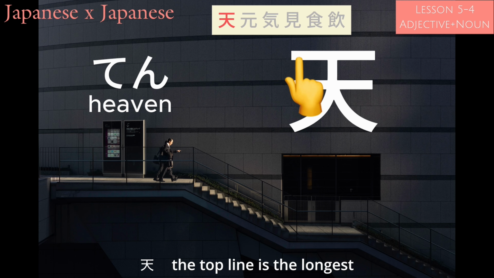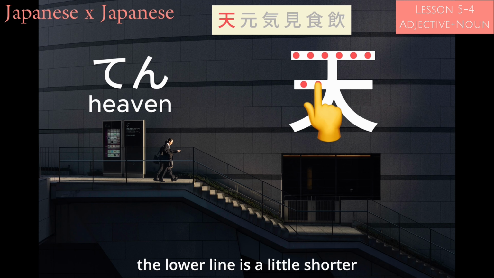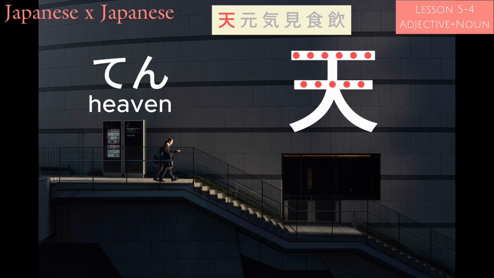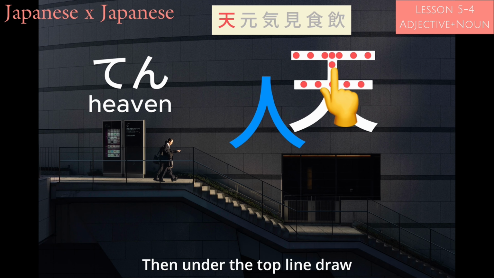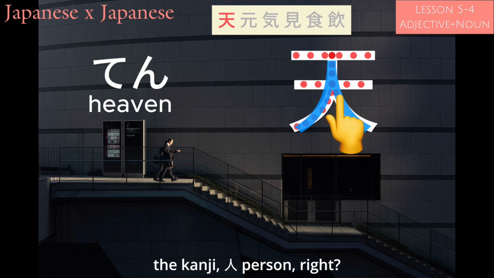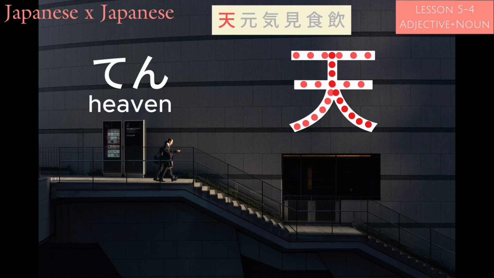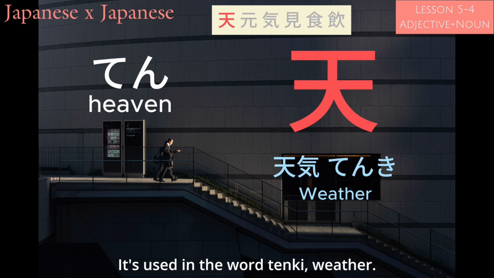Ten, the top line is the longest, the lower line is a little shorter. Then, under the top line, draw the kanji, hito, person. Right? Write with me. 1, 2, 3, 4. Ten, heaven. It's used in the word tenki, weather.